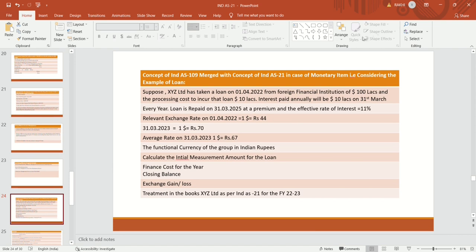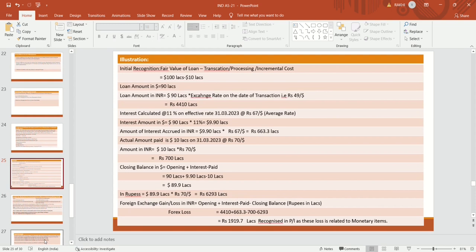So how will we recognize this? How will we make the calculation? Firstly, we will initially recognize the loan at fair value because it's a monetary item, and in Ind AS 109 it is said that if a loan is recognized, then its transaction cost, processing cost or incremental cost is to be reduced from the loan amount.